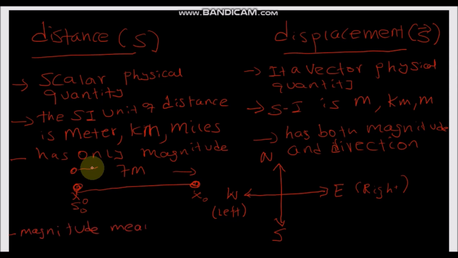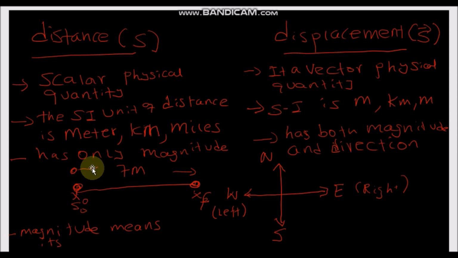Magnitude means its value. That means in the case of 7 meter, this object moves from this position, x naught, to x final, it goes from west to east.